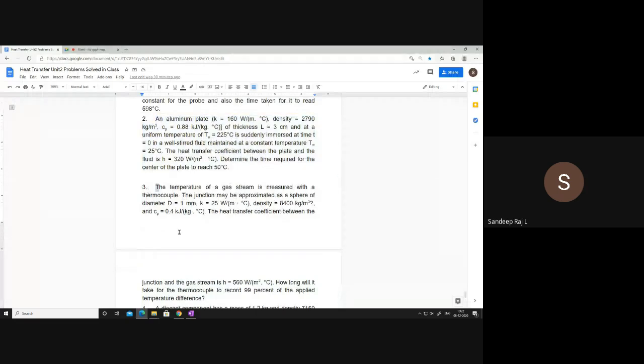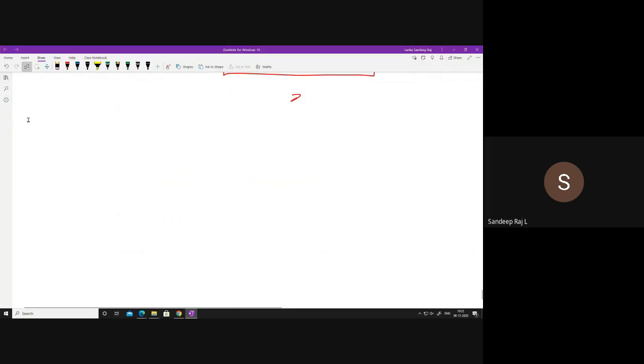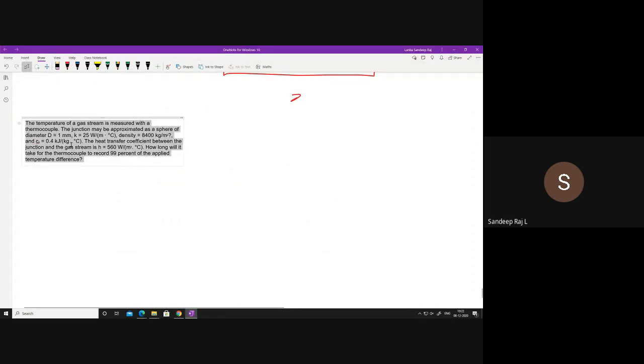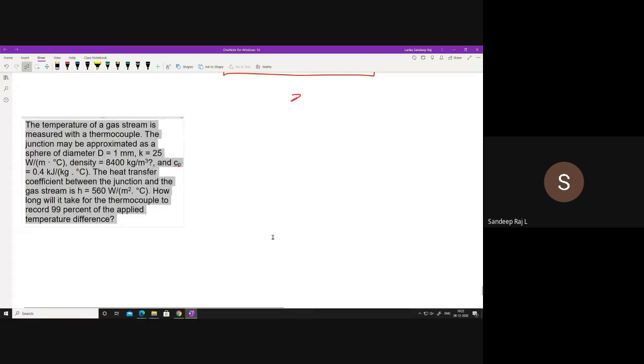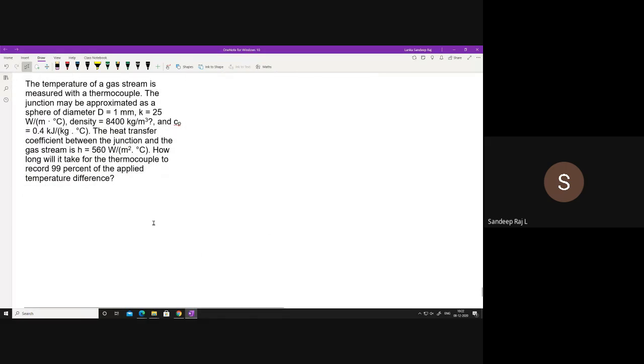Okay, so let's move on to the next question. This is a problem given to us here. Here, what is given is the temperature of the gas stream is measured using the thermocouple. See, one of the very important applications of transient analysis is that it gives you the sensitivity of the thermocouple.